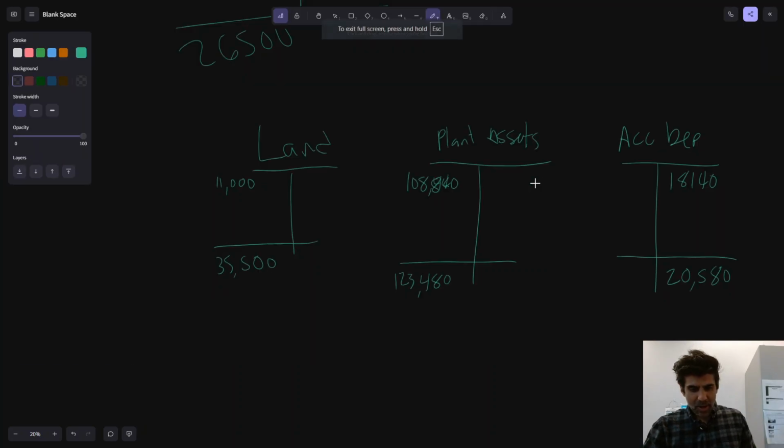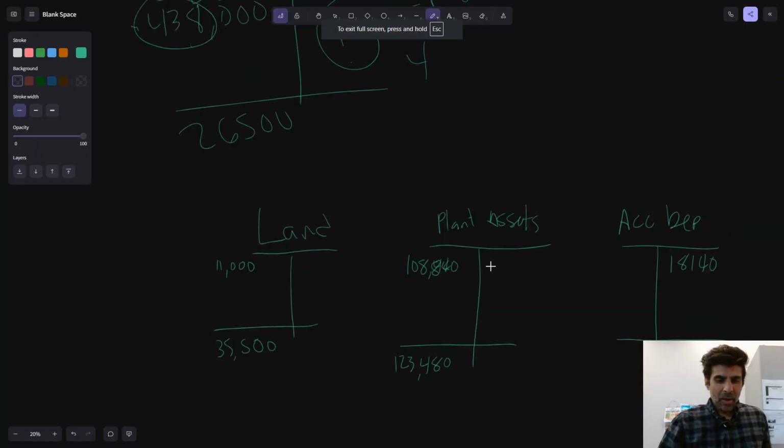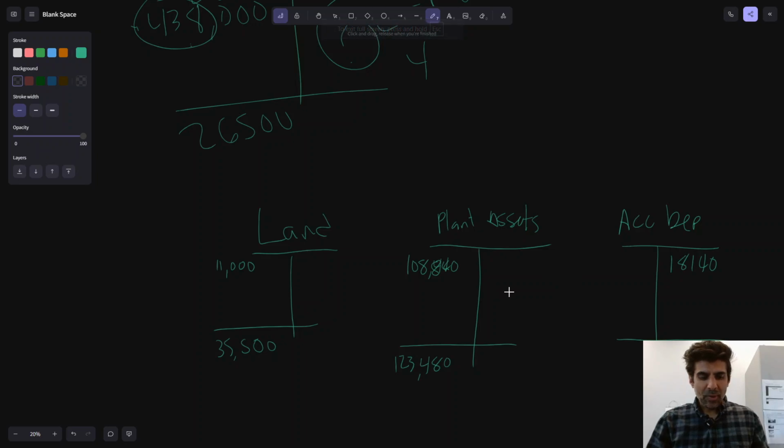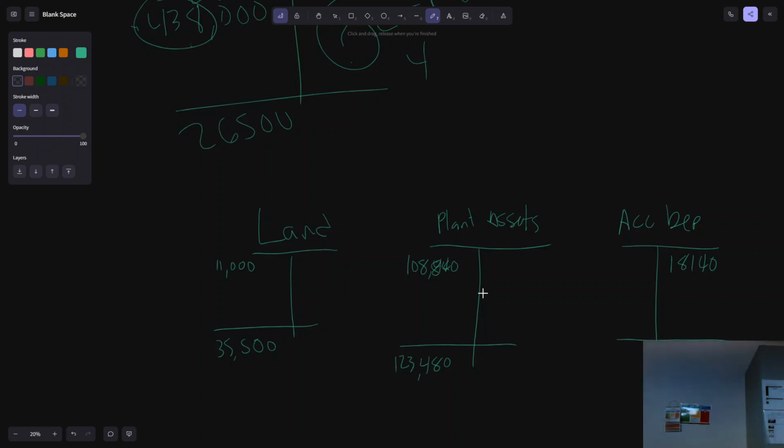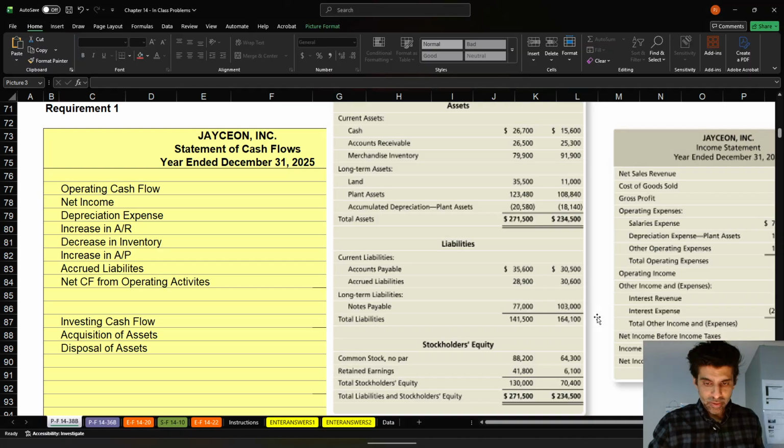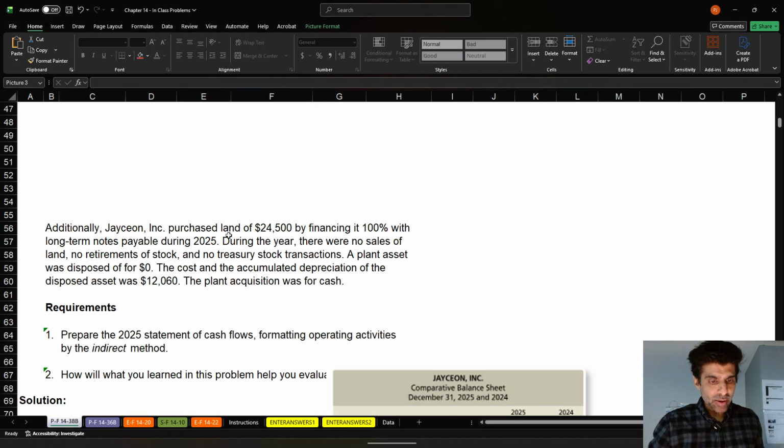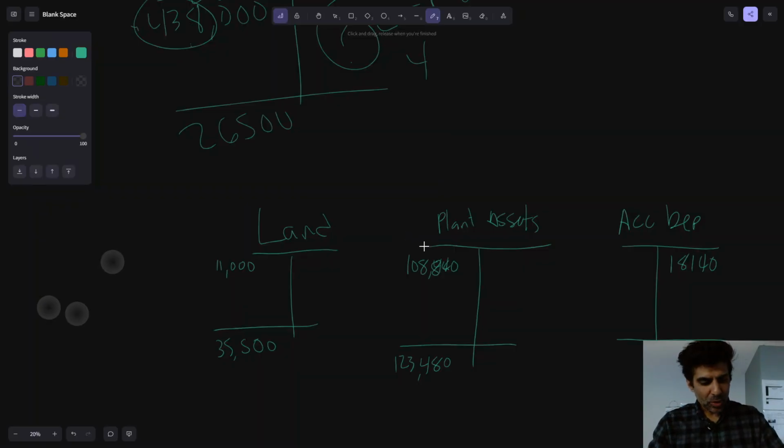Okay, so I've just recreated this based on the comparative balance sheet, these three accounts. Now, we have to use some of the information. It told us that land was purchased for 24,500 by financing with 100% long-term notes payable. So we added 24,500 here.